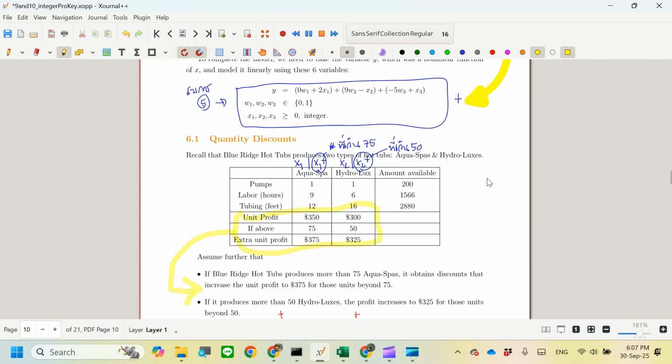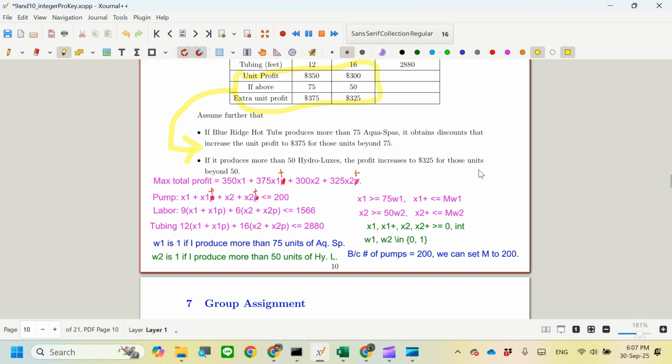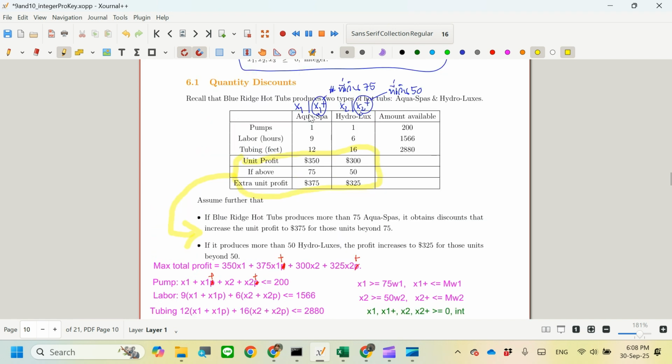And so we want to formulate this problem as a linear math model. Again, we have four decision variables.